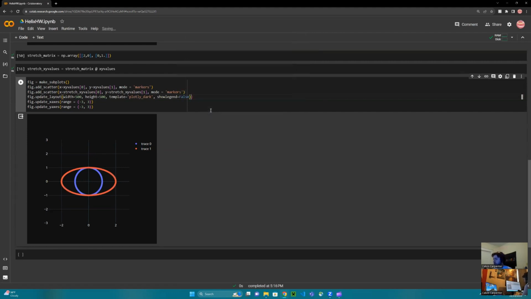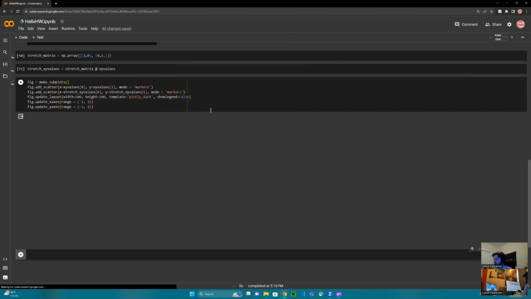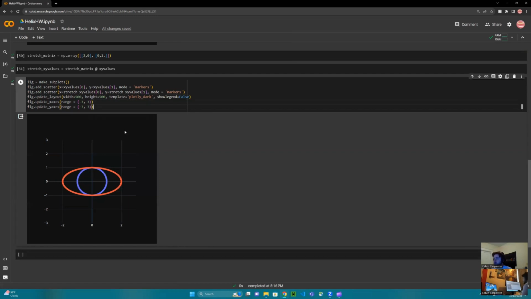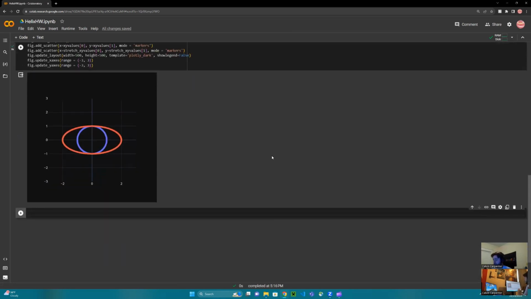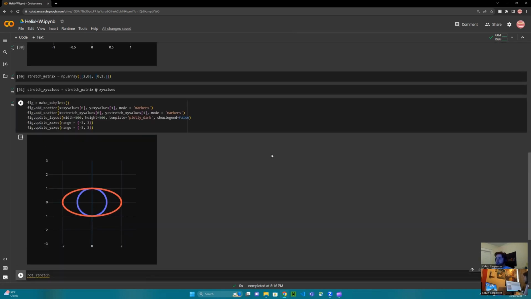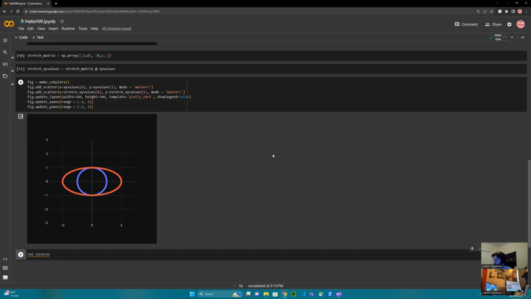Sweet. Okay. So next we're going to try and rotate this stretched ellipse. So we're going to rotate stretch XY values.